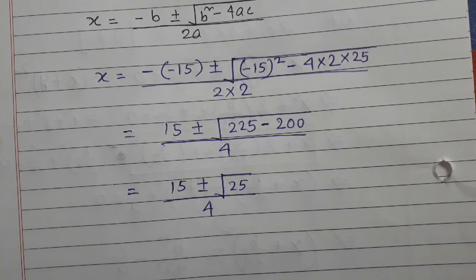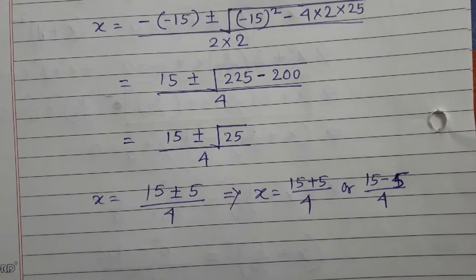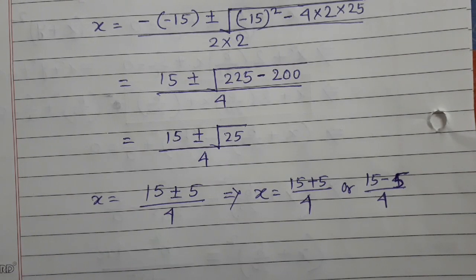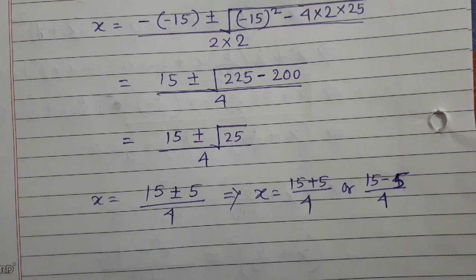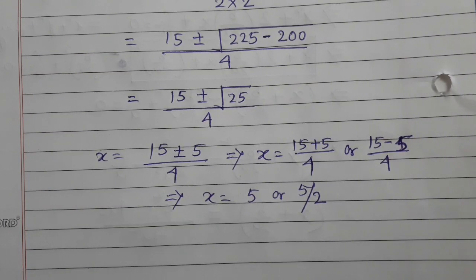So after simplifying the above expression we will get 15 plus minus root over of 25 by 4. Now root over of 25 will become 5. Hence we can write x equals to 15 plus minus 5 by 4, or x equals to 15 plus 5 by 4 or 15 minus 5 by 4. Hence the value of x will become 5 or 5 by 2.